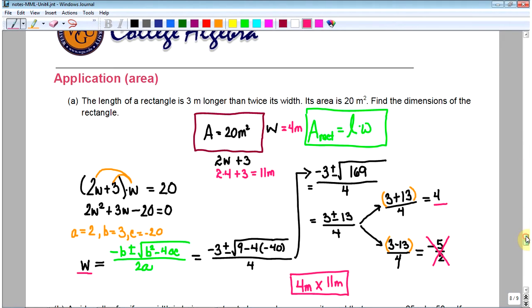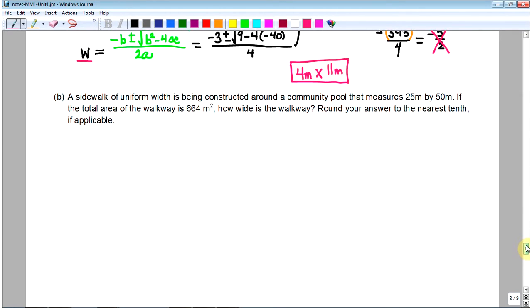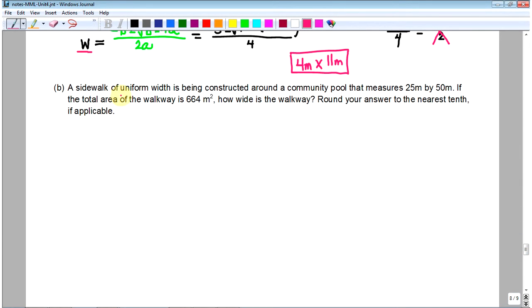Going on to our next example. A sidewalk of uniform width is being constructed around a community pool that measures 25 meters by 50 meters. Okay, so let's draw a picture before we go any further. So there's a community pool.